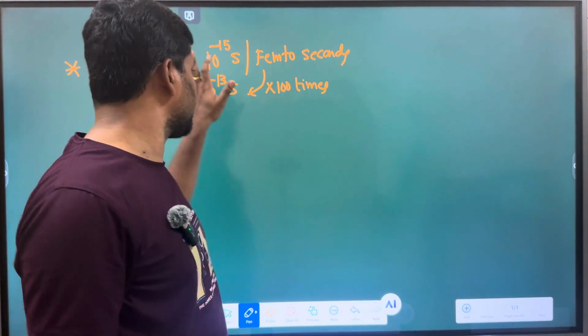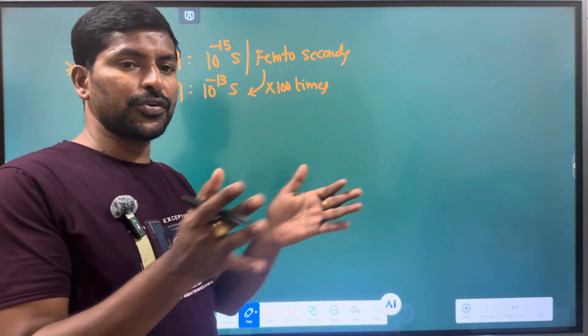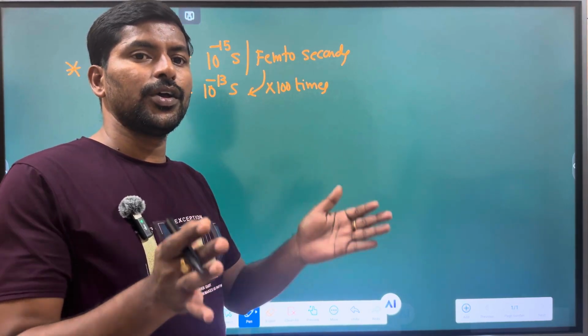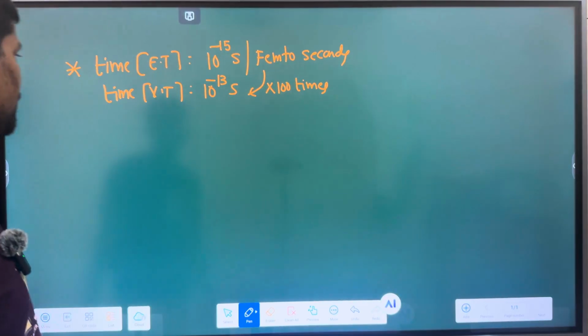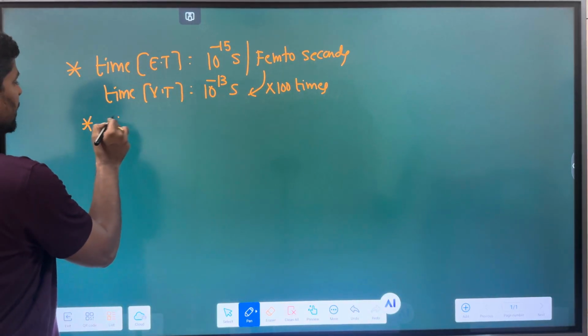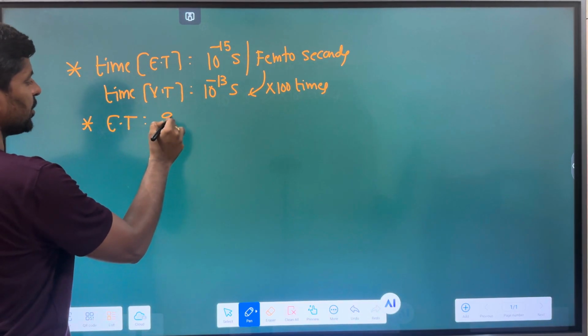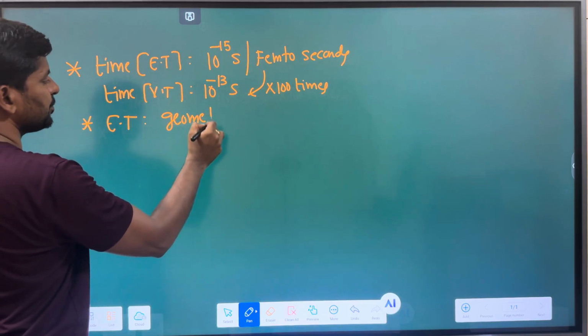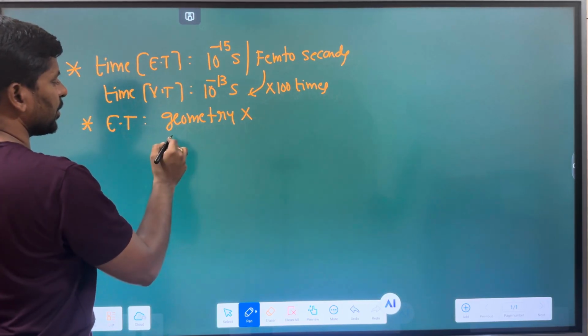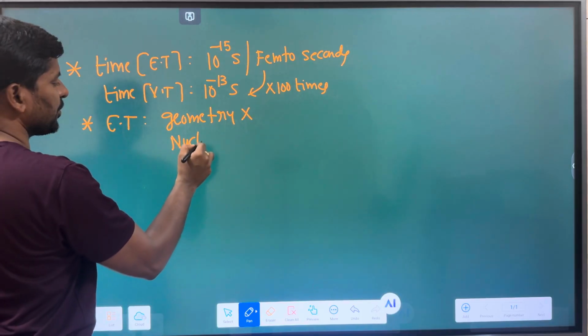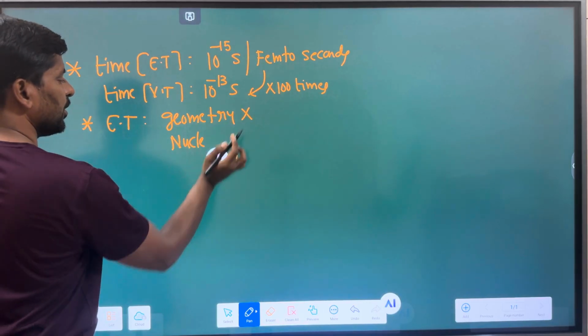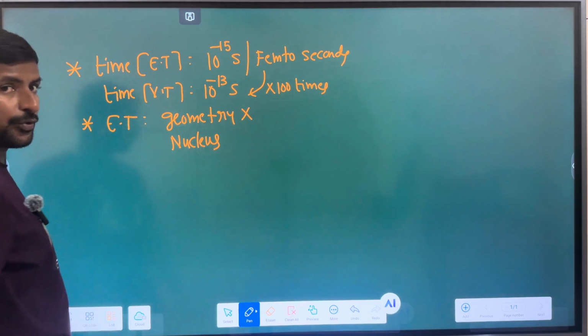That's why during electronic transitions, there are no vibrational motions, no change in the geometry, or no change in the relative positions of nuclei.